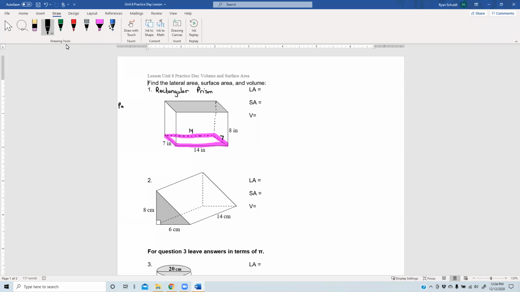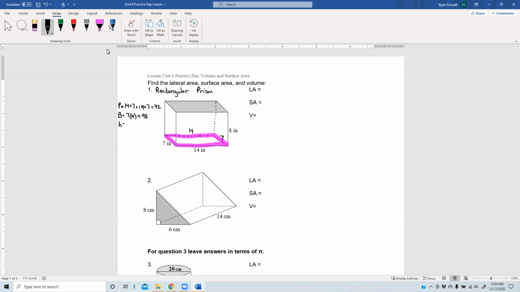Perimeter, we add them all up. So 14 plus 7 plus 14 plus 7, and that'll give us 42. There's our P. Then we need B. The area of the rectangle would be 7 times 14, which gives us 98.